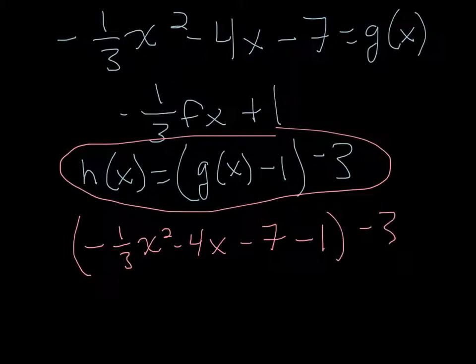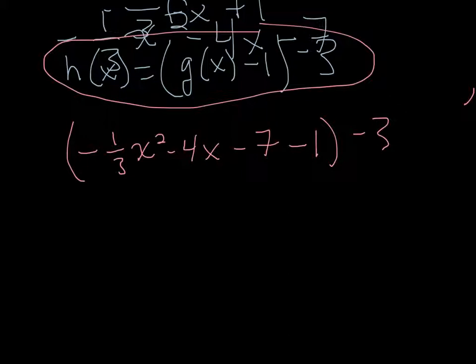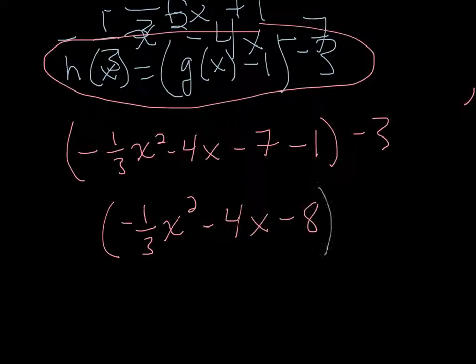Alright? So, first we're going to subtract 1, which would give us, in the parentheses, -1/3 x squared minus 4x, and that's minus 8. Then we're going to multiply the whole thing by -3.